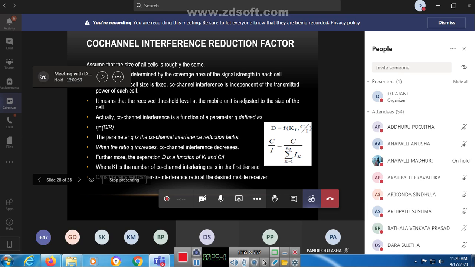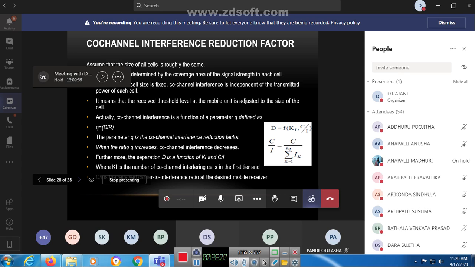If you want to separate the function distance, we maintain only two factors. What are the two factors? Only the C by I factors we have to consider. This is a function of k i and C by I, where k i is the number of co-channel interfering cells in the cluster.